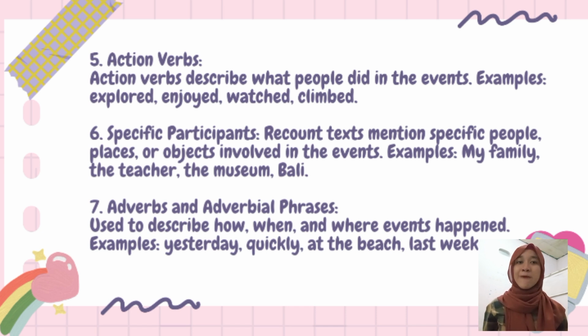Examples: my family, the teacher, the museum, and Bali. And the seventh one is adverbs and adverbial phrases used to describe how, when, and where the events happened. Examples: yesterday, quickly, at the beach, and last week.